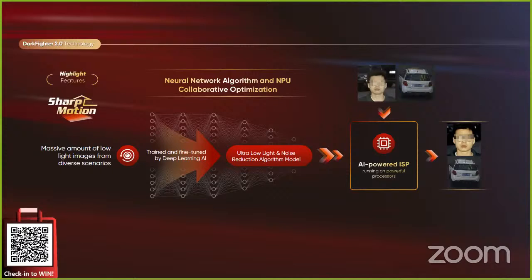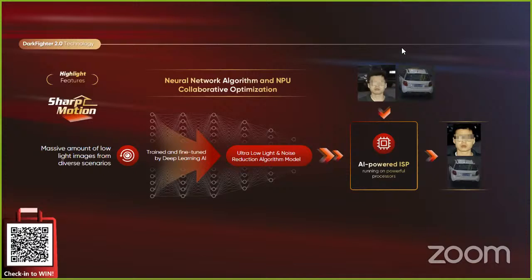So for sharp motion, with the massive amount of low light, how can we get this kind of image or information from diverse scenarios? We take a trained model fine-tuned by deep learning AI to extract the extra low light and apply the noise reduction module.